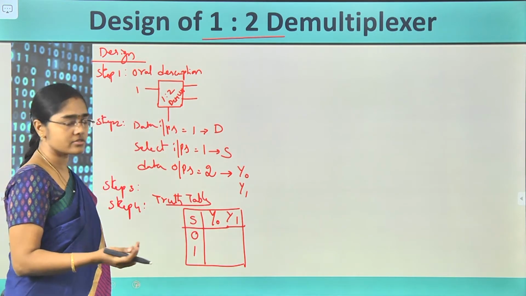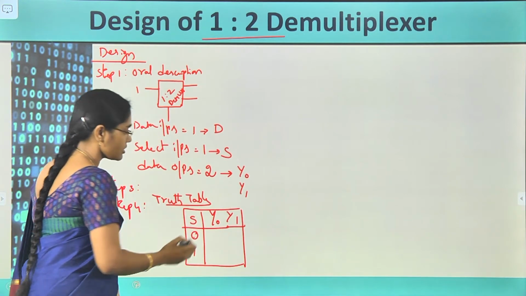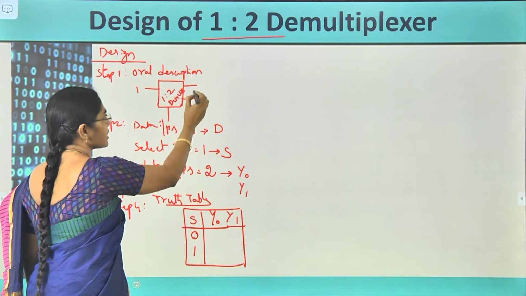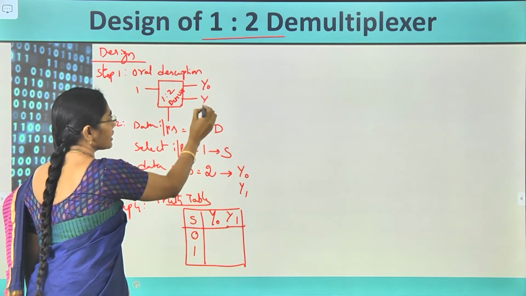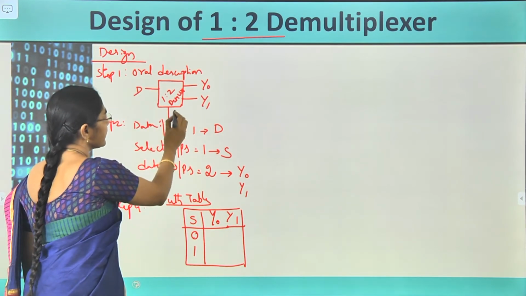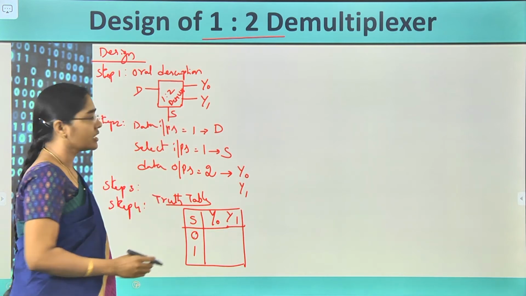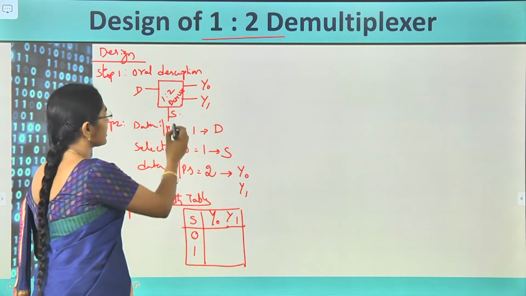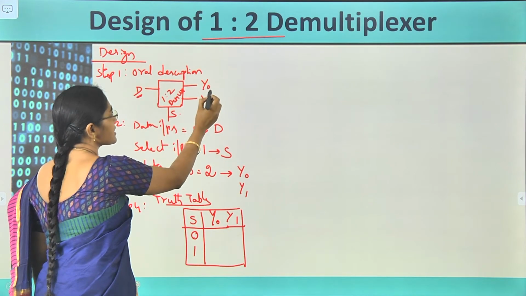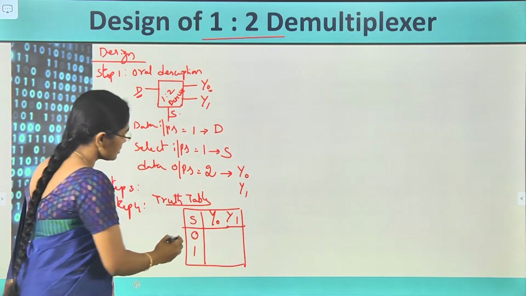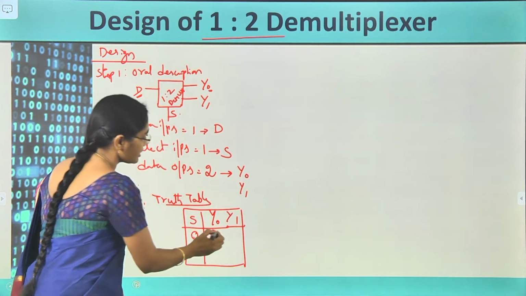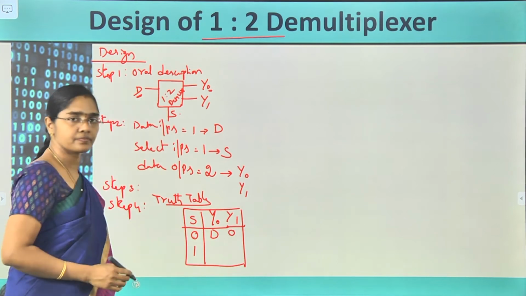When S is equal to 0, what is Y0? Here we represent Y0, Y1, input D and selection signal S. When S is equal to 0, define a relation such that D is passed to Y0. So when S is equal to 0, Y0 is equal to D and Y1 is equal to 0.